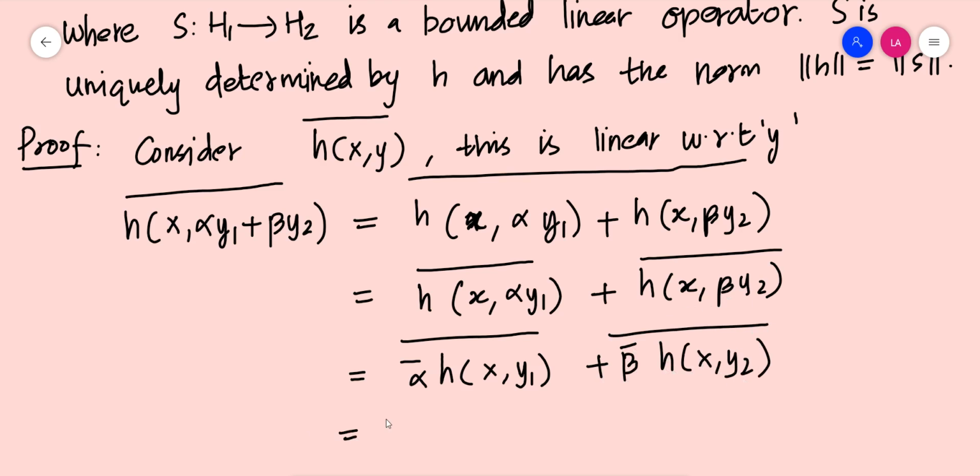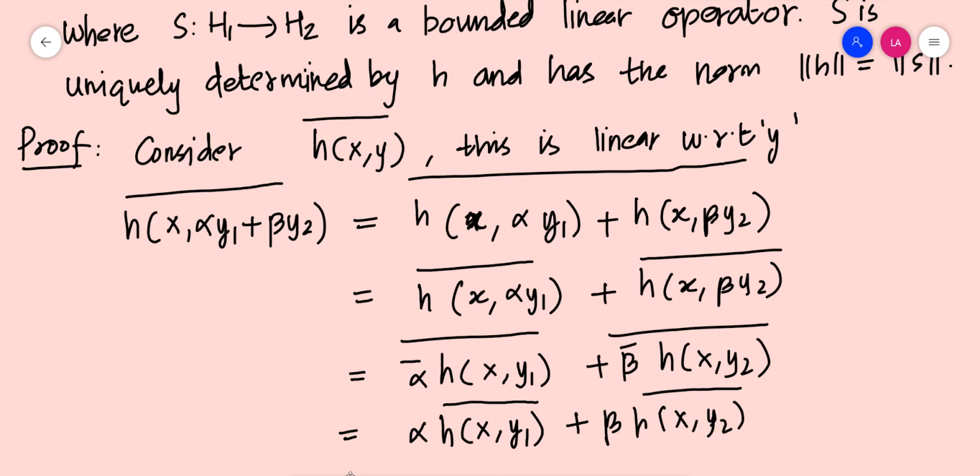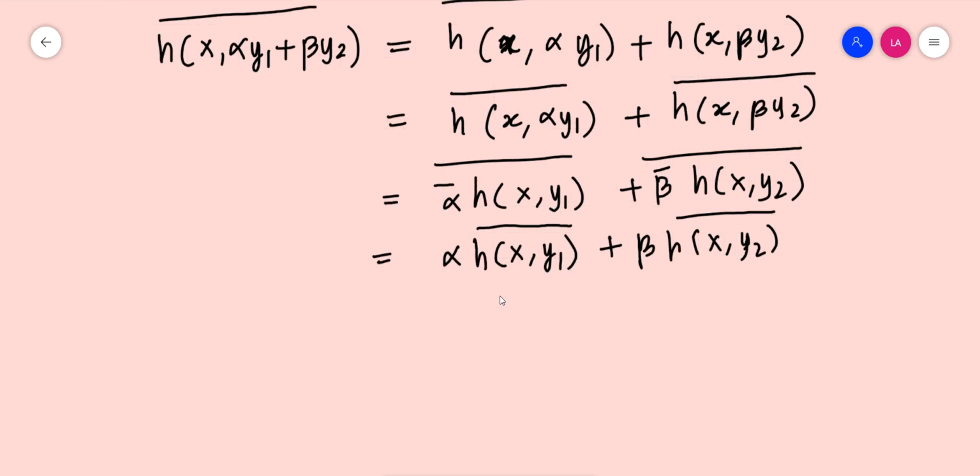Now the conjugate of alpha conjugate is alpha, so alpha times the conjugate of h of x, y1, plus the conjugate of beta conjugate, which is beta, times the conjugate of h of x, y2. So using this relation we can easily say that the conjugate of h of x, y is linear with respect to the second component y.